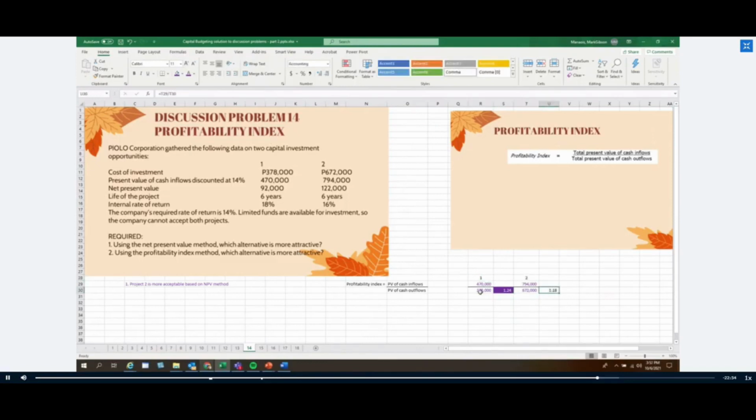O ngayon, kung ito lang yung focus, we can say that project 1 is more acceptable than project 2, no? So because it has a profitability index of 1.24. Okay, so that's problem number 14.